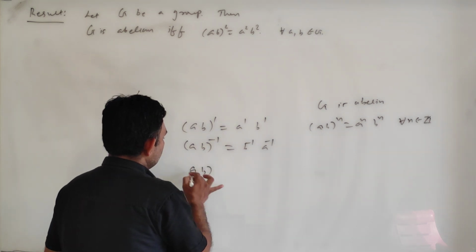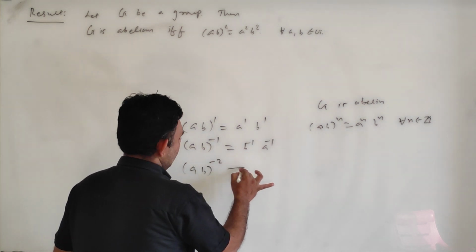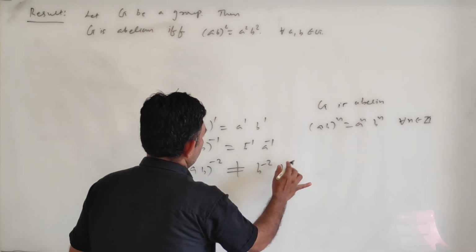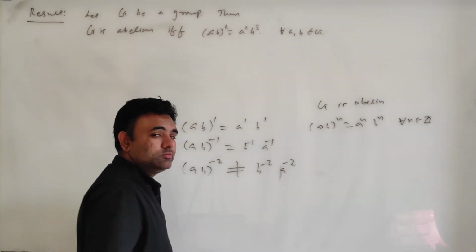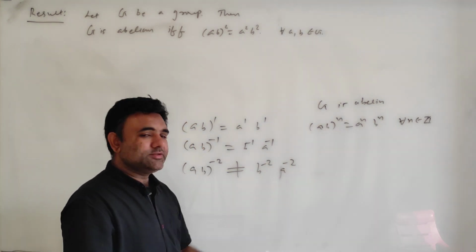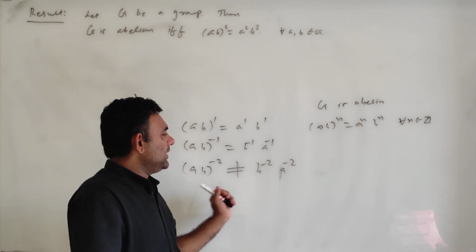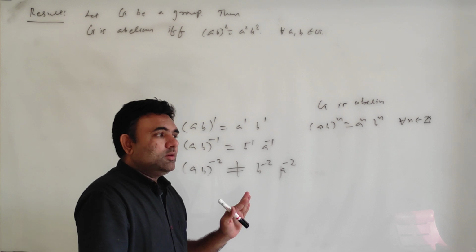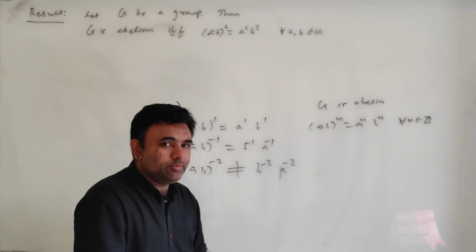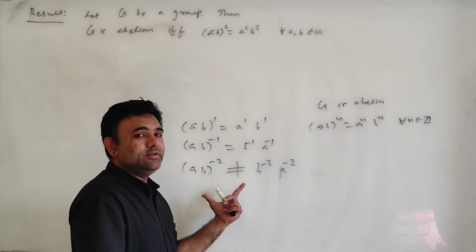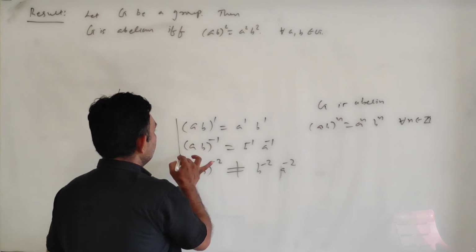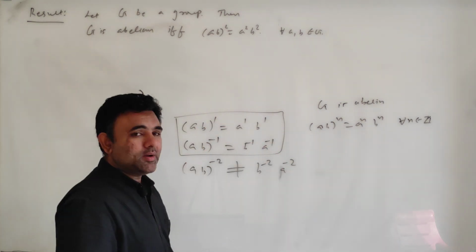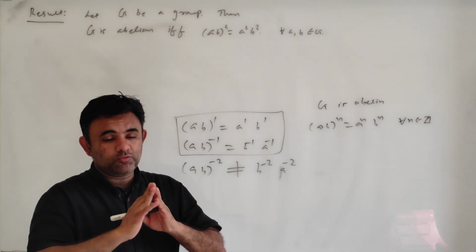Suppose I have AB raised to minus 2. Then it is not like B raised to minus 2, A raised to minus 2. I can't write this. Yes, if G is abelian, then it is fine. But if G is not abelian, or A and B do not commute with each other, then I can't write this. I have information only about 1 power and minus 1 power, not for other powers.